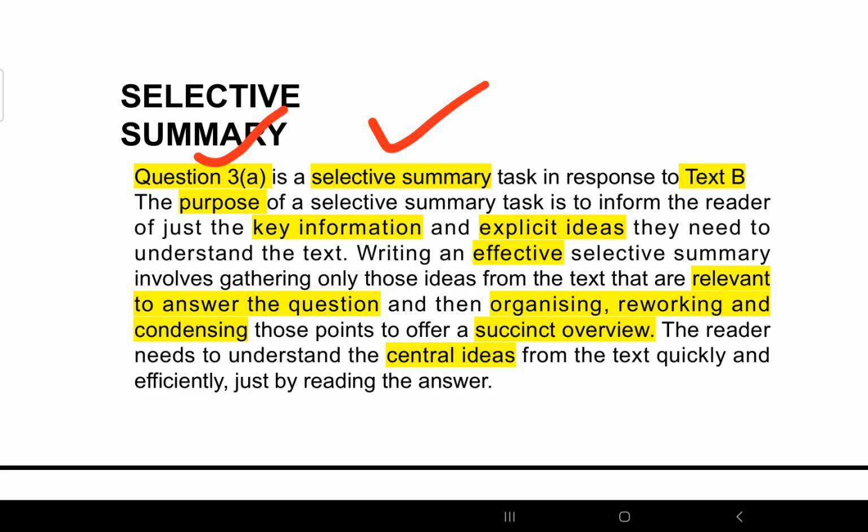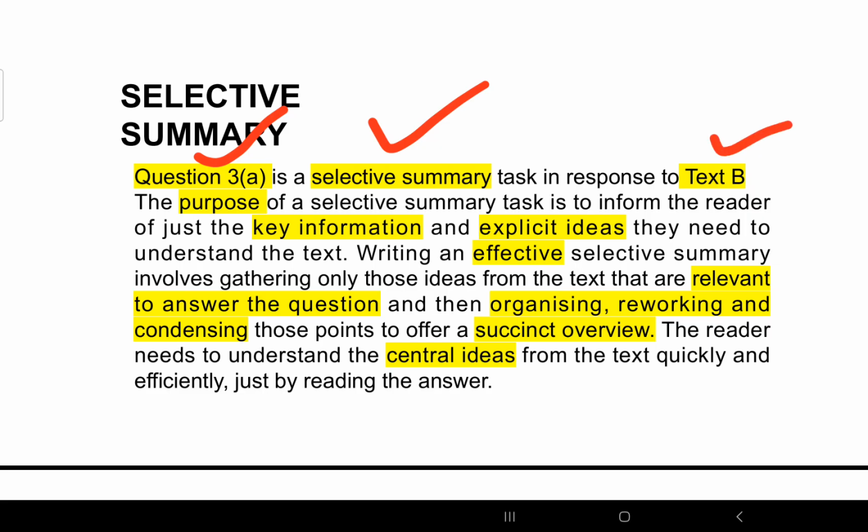Like you used to have 2 or 3 strand summaries, whereas now we have a complete shift from that kind of pattern, and we are having one strand summaries, only one strand summary.